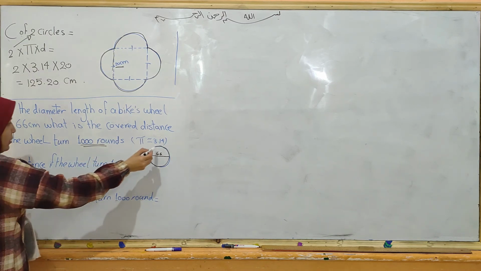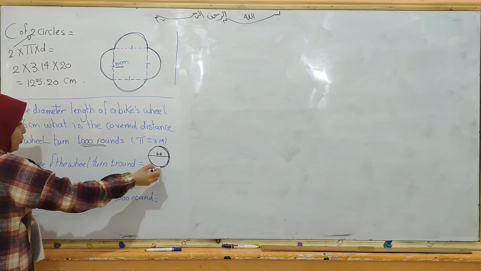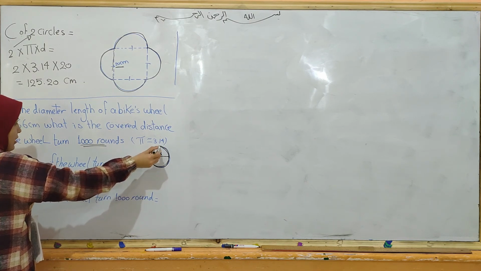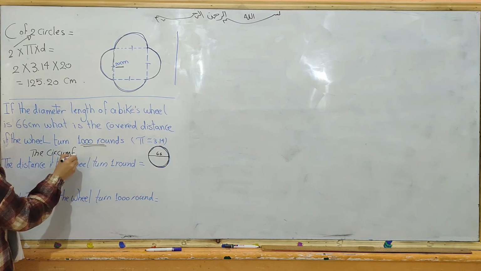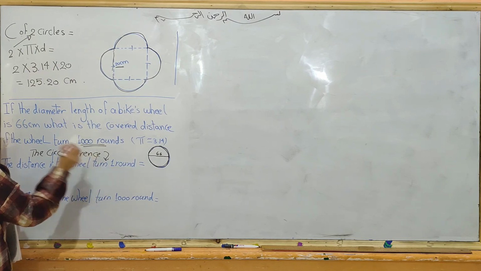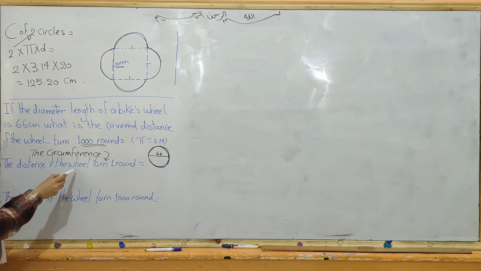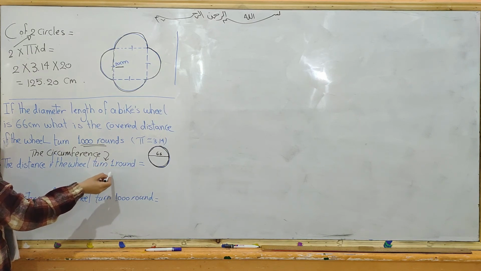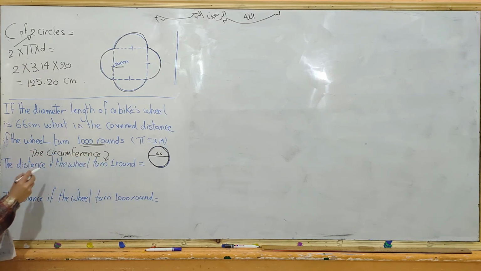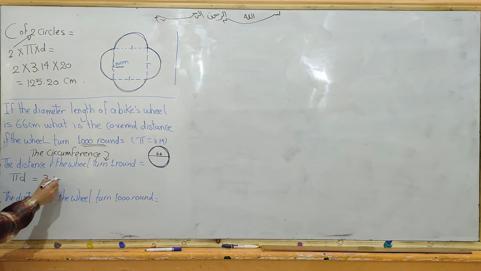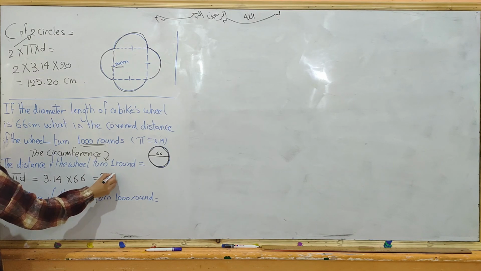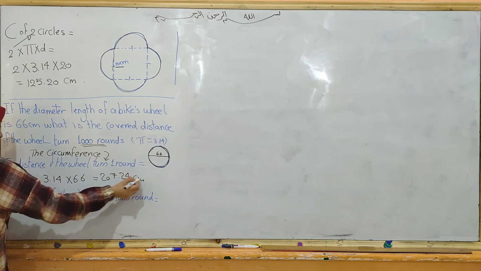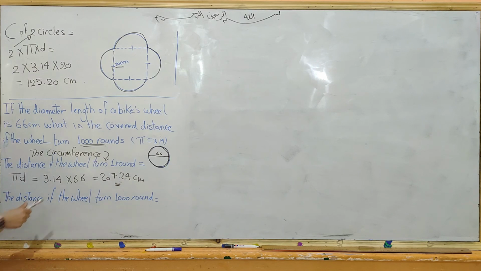At first, if the wheel turns one turn, this means the circumference of the circle. The distance if the wheel turns one round equals the circumference of the wheel, pi times d, equal to 3.14 times the diameter 66, equal to 207.24 centimeters.